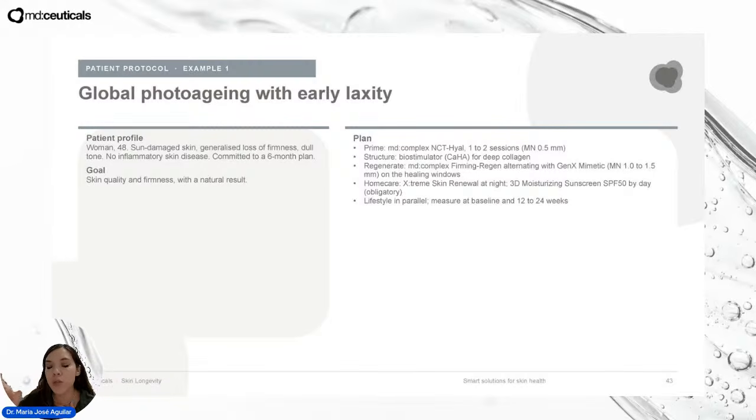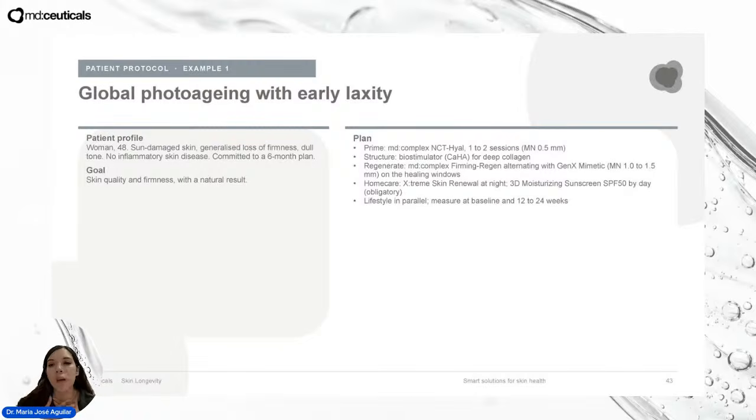In short treatments where we need to treat the epidermis, go between 0.5 and 1 millimeter of depth. And if we are going to make a regeneration treatment, we need a minimum of 1.0 up to 1.5. That's the best way.